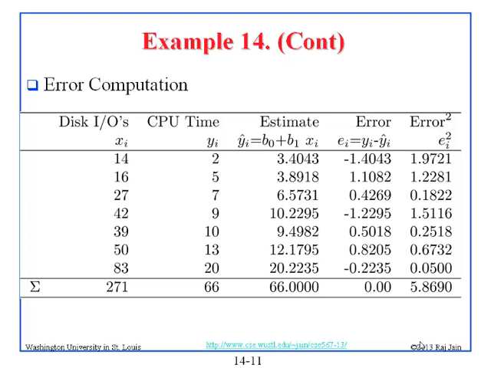This is yi hat, this is yi, take the difference, that is the error ei, and you should add the errors, so this should add up to 0. If they don't add up to 0, then obviously there is some mistake in calculation. So errors should add up to 0, then you take the squares of the errors and add them up, you get this value.